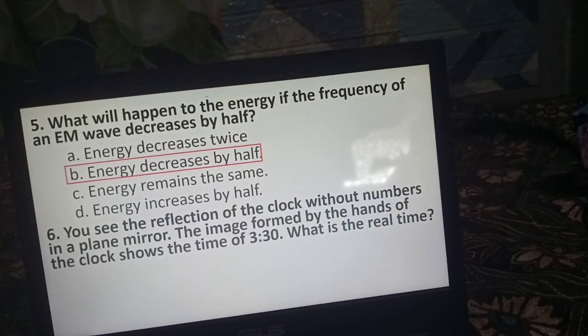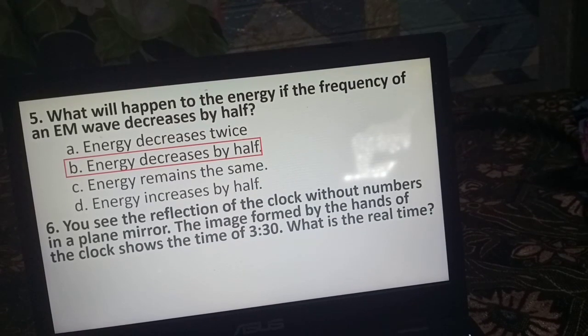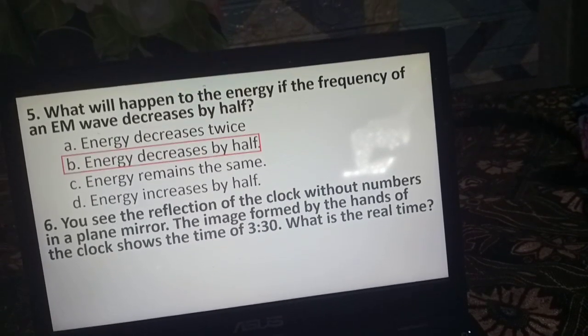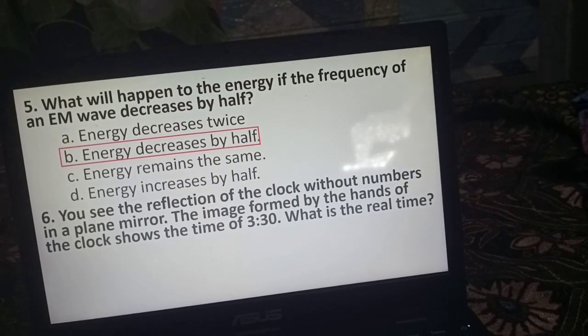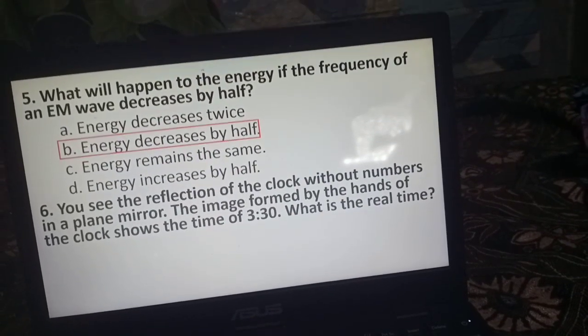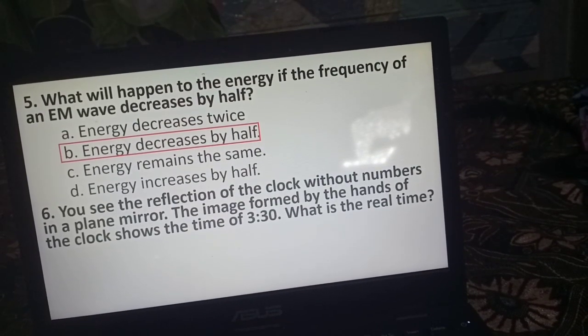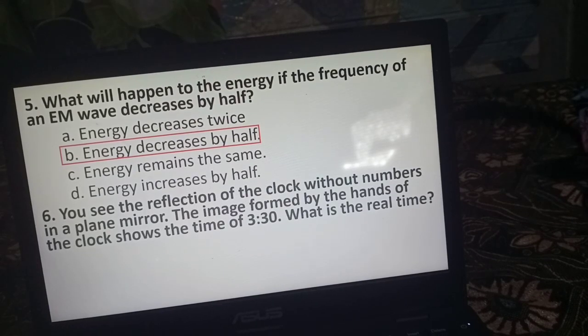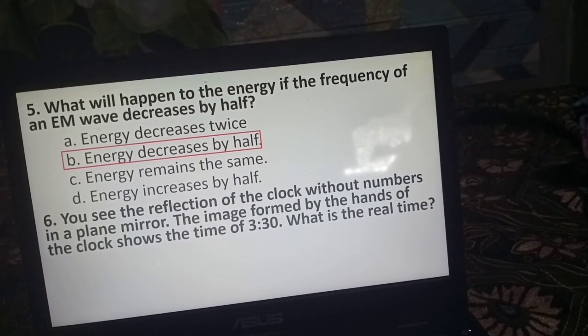Number 6. You see the reflection of the clock without numbers in a plane mirror. The image formed by the hands of the clock shows the time of 3:30. What is the real time? So to, kung plane mirror, manamin ta ang image na ihatag ana with respect to the actual object is laterally inverted.